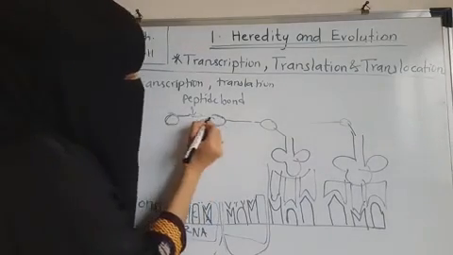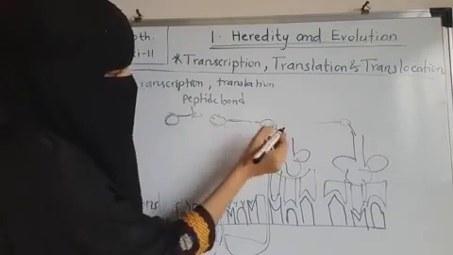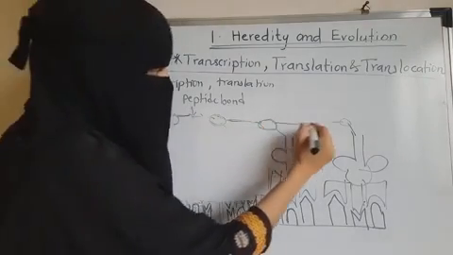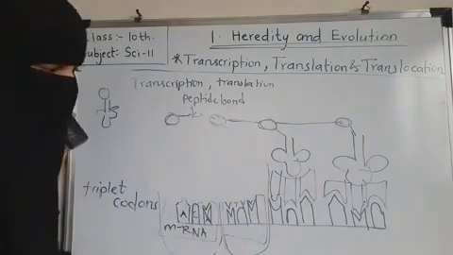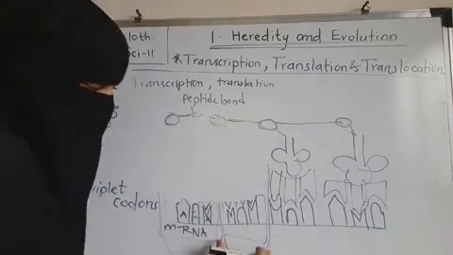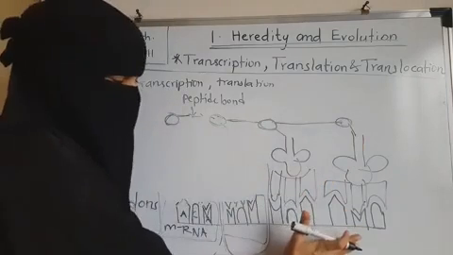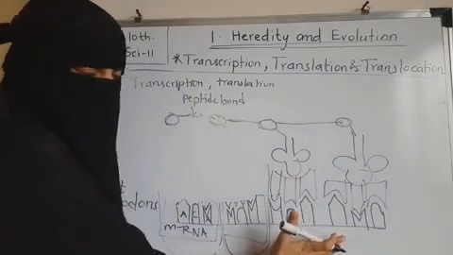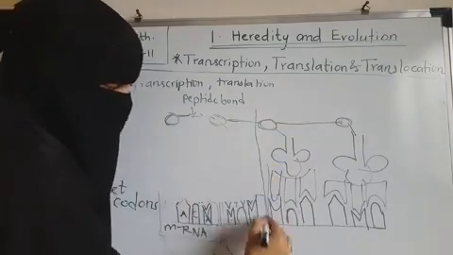This amino acid will remain here, attached to the other amino acid with a peptide bond, and the ribosome which was here again shifts by the distance of a triplet codon to the further transfer RNA.